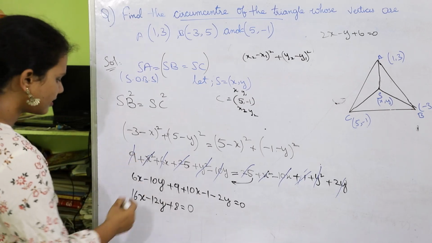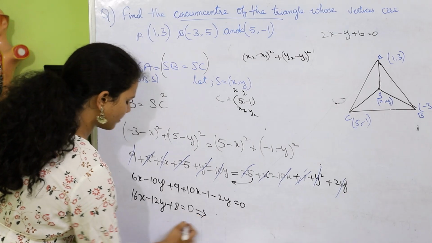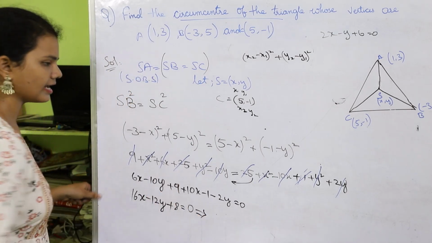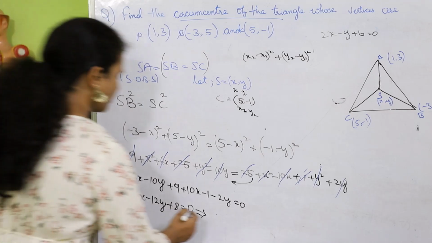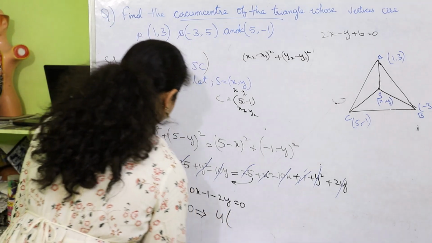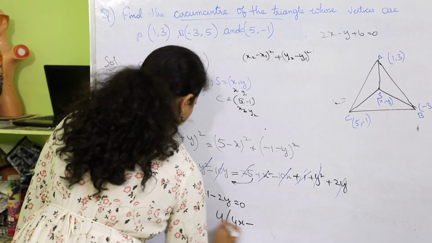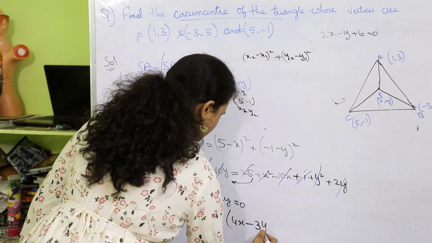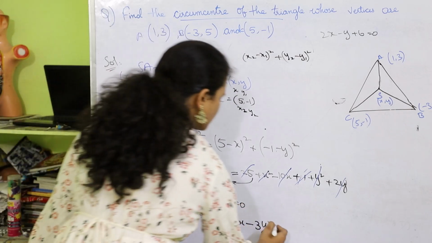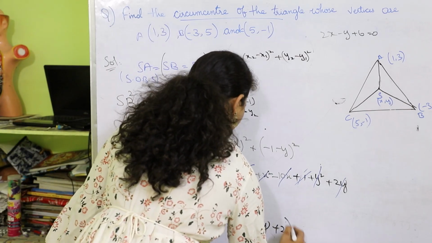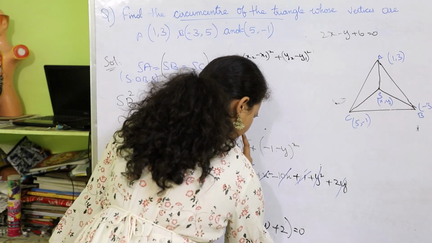Okay, so guys, here now what you do is you take 4 common, as 4 times 4 is 16, 4 times 3 is 12, 4 times 2 is 8, right? So now take 4 as common: 4 times 4x is 16x, minus 4 times 3y is 12y, and plus 4 times 2 is 8, which is equal to 0, clear?